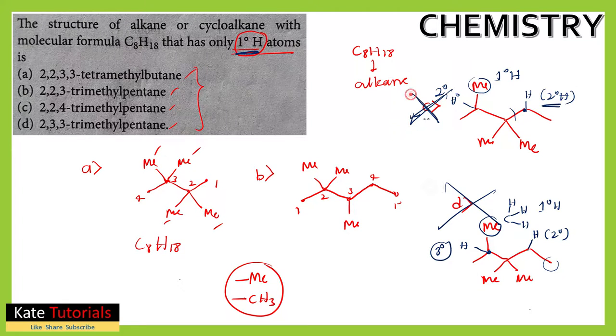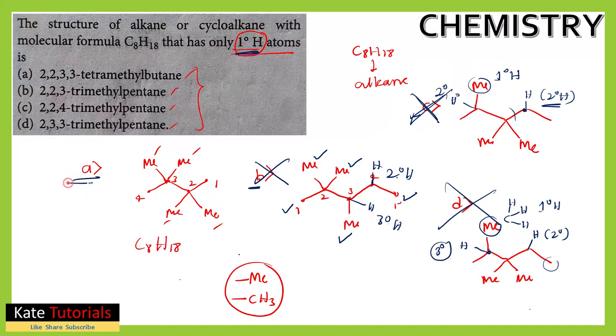So C is also not the option. Talking about B, this is primary hydrogen, this is primary, this is primary. But this hydrogen is tertiary, whereas this hydrogen is secondary. So it has both secondary and tertiary hydrogen, so B is also not the option.